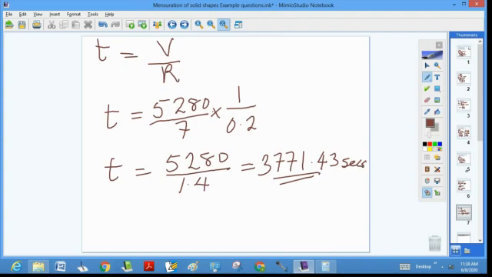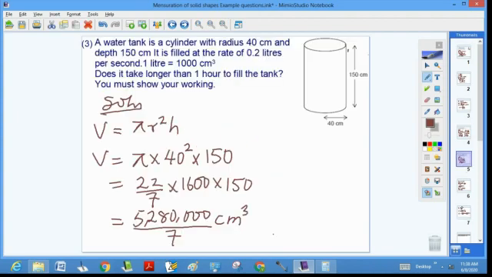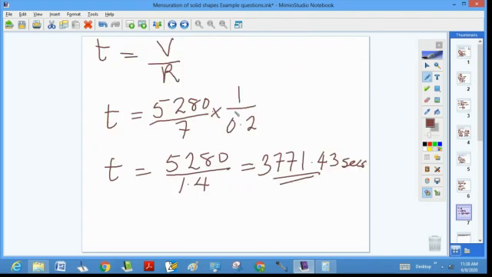But the question says, does it take longer than 1 hour to fill the tank? Since we are talking of 1 hour, this is in seconds. In an hour, our time will be around what?